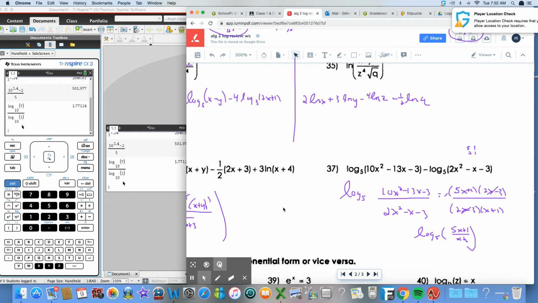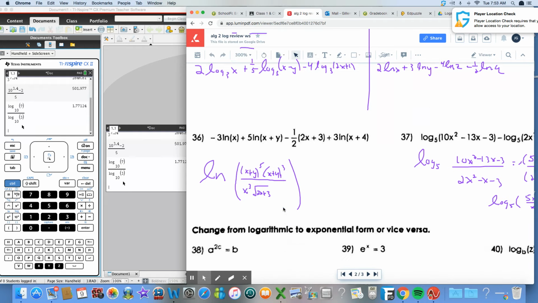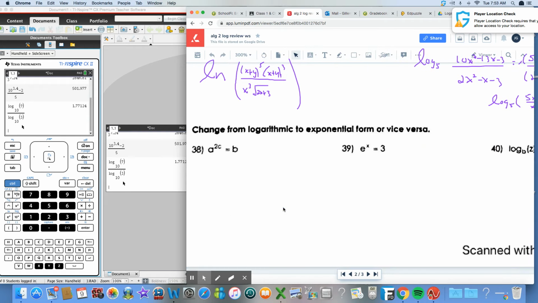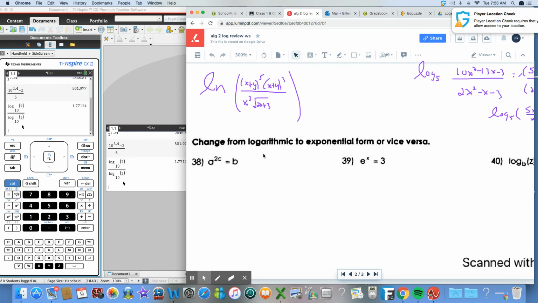Okay, so that's expanding and condensing. And then last thing in here on this page, changing from logarithmic to exponential form or vice versa. All right, this is your base.